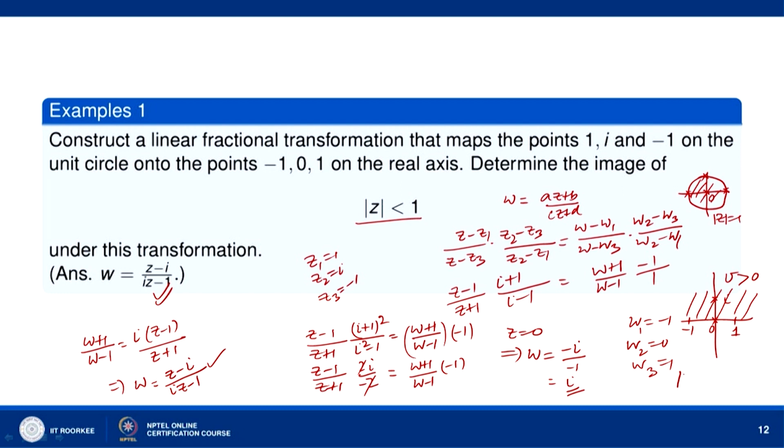So, mod z less than 1 is mapped onto b greater than 0.